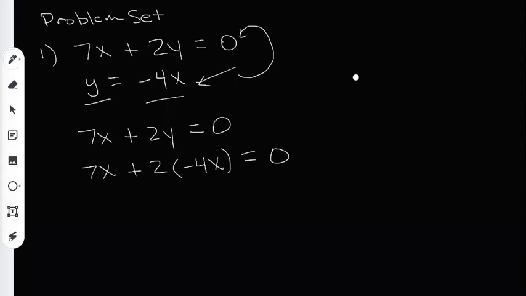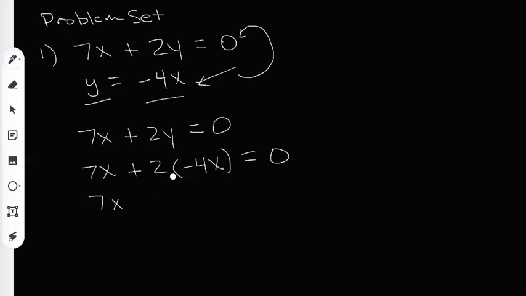So all I've done is I wrote out the first equation exactly the way I see it. And then in the second step, I'm changing y to be a negative 4x because that's what the second equation tells me. Y and negative 4x are the same thing. So now I can go about it the way I usually go about it.